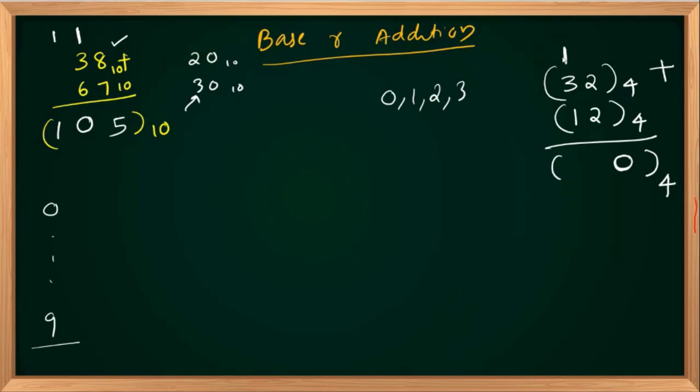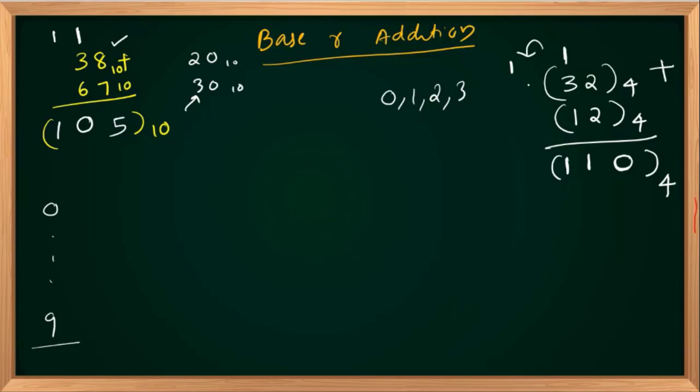So 3 plus 1 is 4, 4 plus 1 is 5. 5 is not a valid symbol in base 4. So I should subtract 4. So 5 minus 4 is 1, right? Then to compensate that subtraction, I should take another carry. So it's 110. 2 plus 2, 4, 4 minus 4, 0, carry 1. 3 plus 1, 4, plus 1, 5. 5 minus 4 is 1, carry 1.